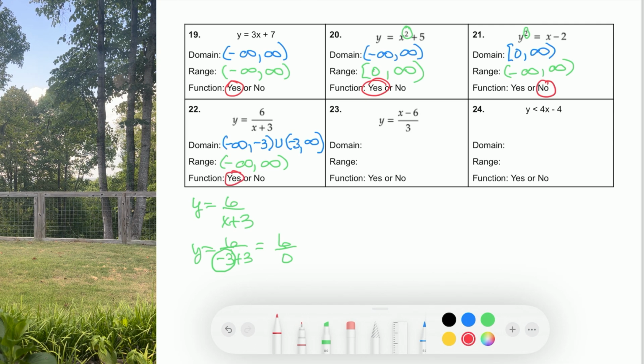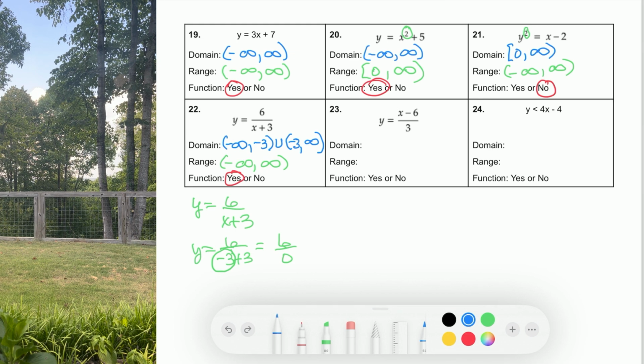Number 23, we have another fraction, y equals x minus 6 over 3. But this is a different situation. We're not going to end up with a 0 in the denominator. We don't have anything but a 3 down here. So we don't have to worry about what we did in number 22. All we have to think about is, for every unique x, will we have a unique y?